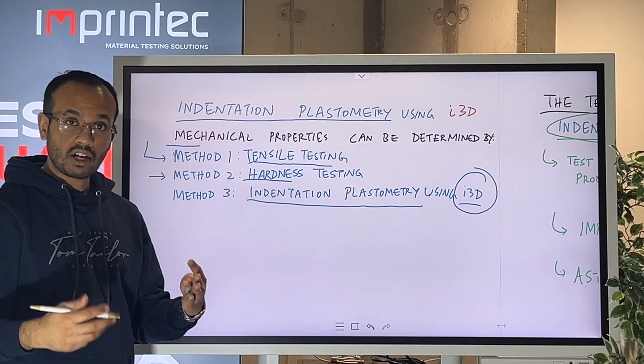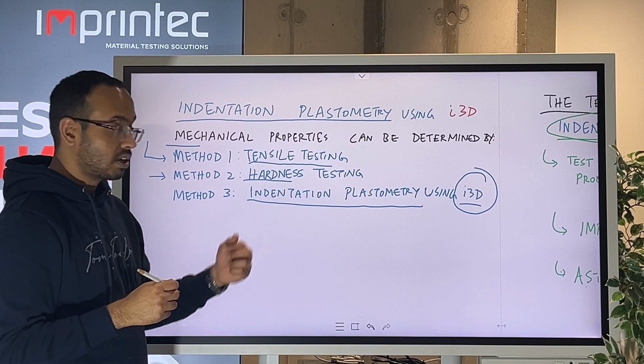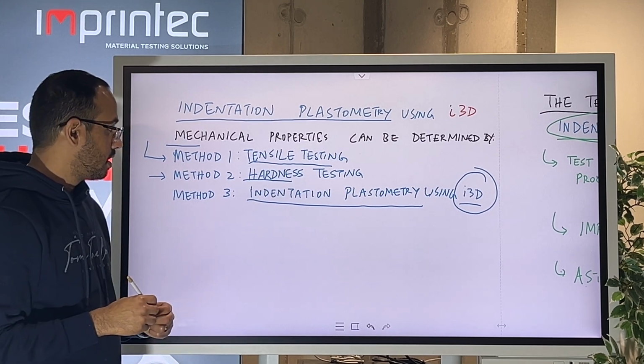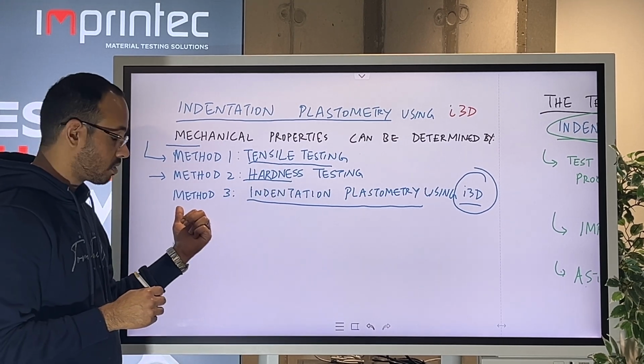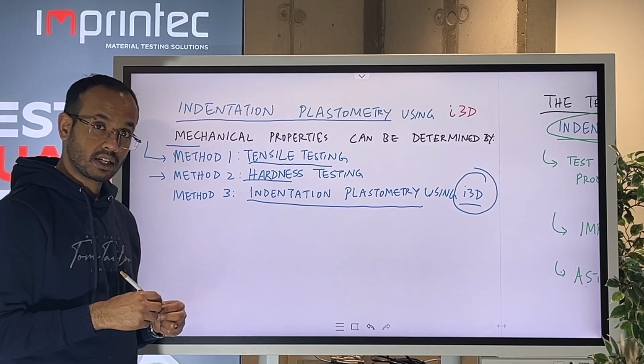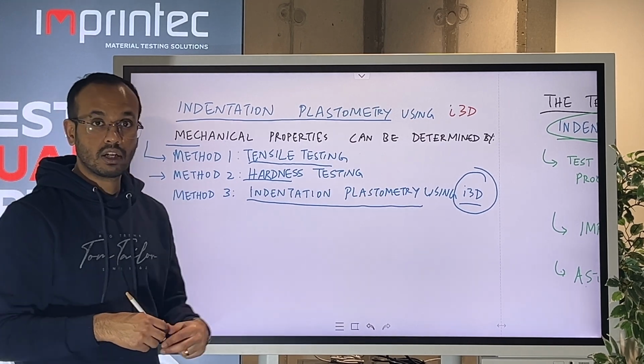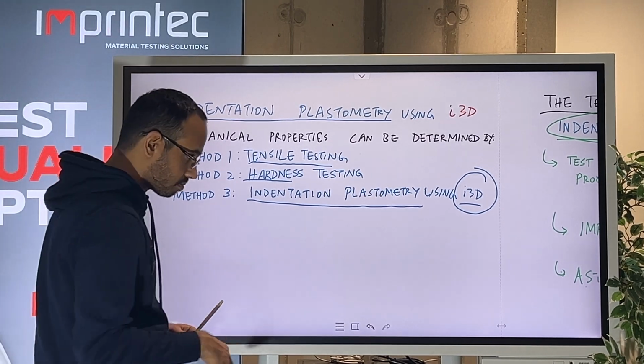The second, faster and quicker way, using an indentation based procedure, we call hardness testing. And the third, what we talk about today, is a very novel method which was developed here at Imprintec about 10 years back. It's called indentation plastometry using i3D.